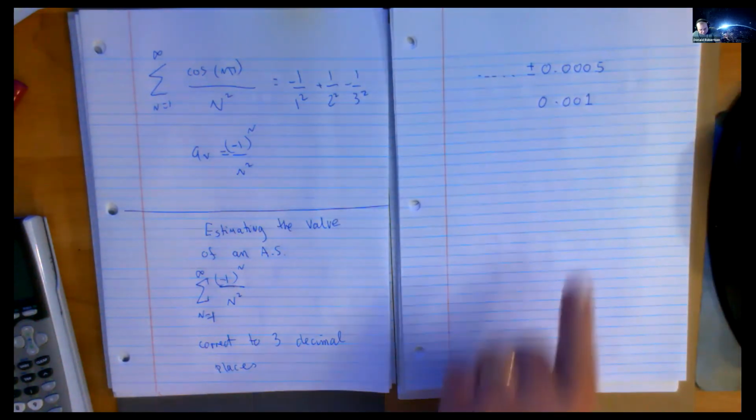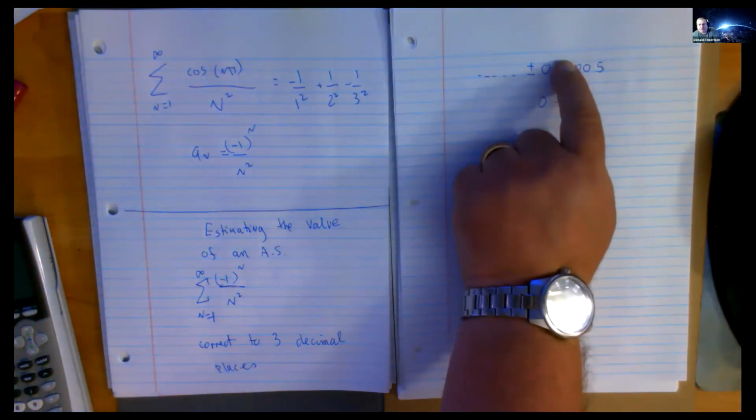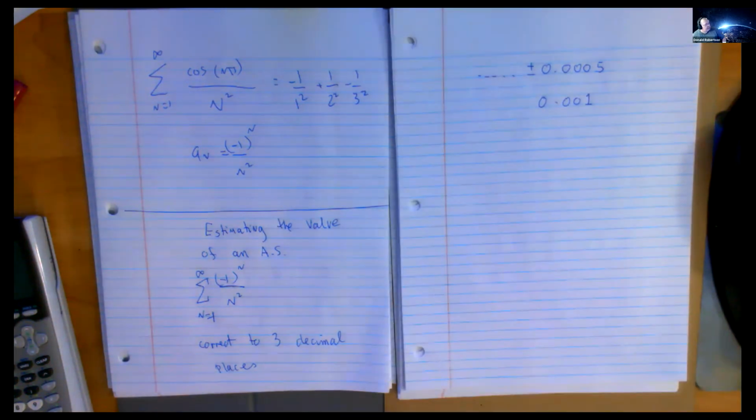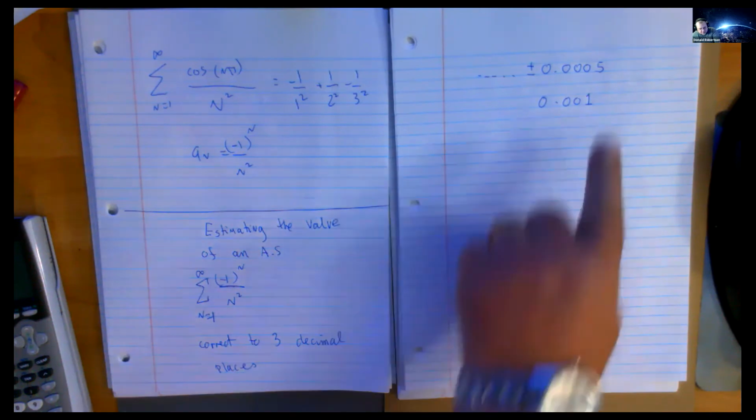So why is 3 decimal places this thing and not that thing? Well, remember, it's rounding off to 3 decimal places. Now, when you round off to 3 decimal places, don't you look at the 4th decimal place? And if it's 5 or more, you go up, and if it's less than 5, you go down. That's what that is doing.